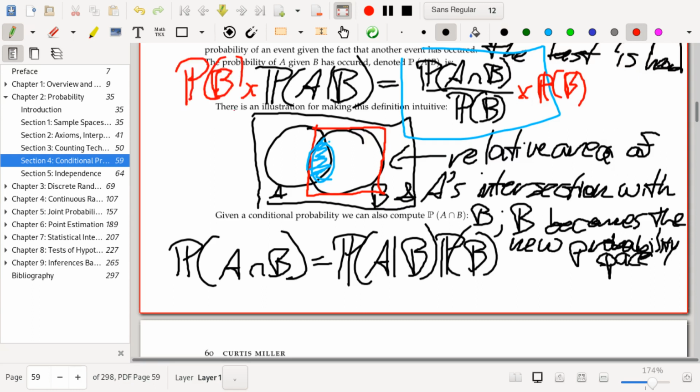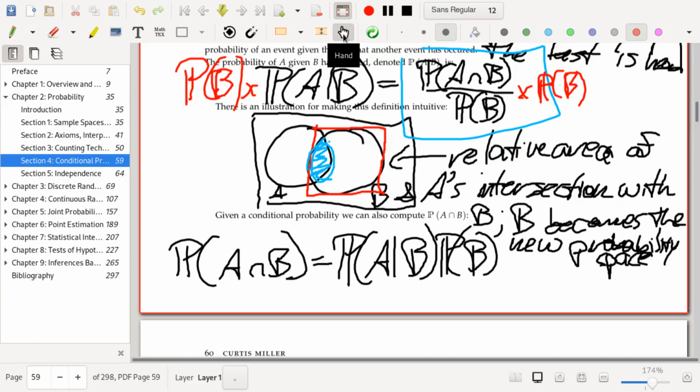And in fact, this latter formulation of conditional probability, in my opinion, is almost more useful than just computing the probability of A given B, because it's suggesting that if we want to compute the probability of A and B, which is a quantity that we frequently need, we can break up this event and think about, well, okay, what's the probability of B happening?